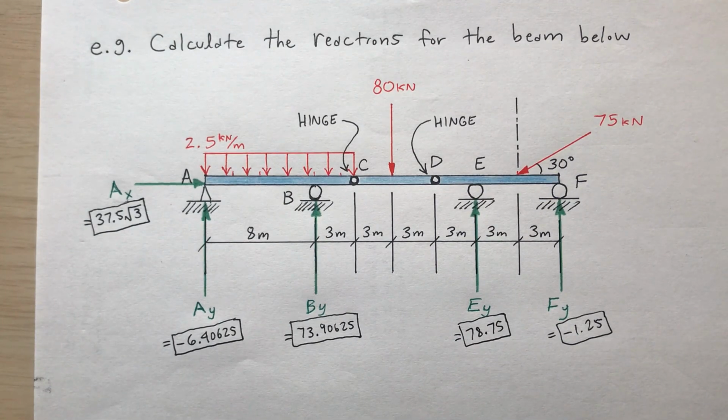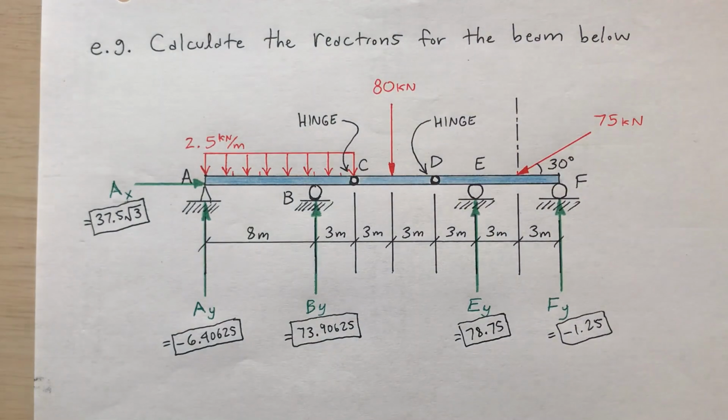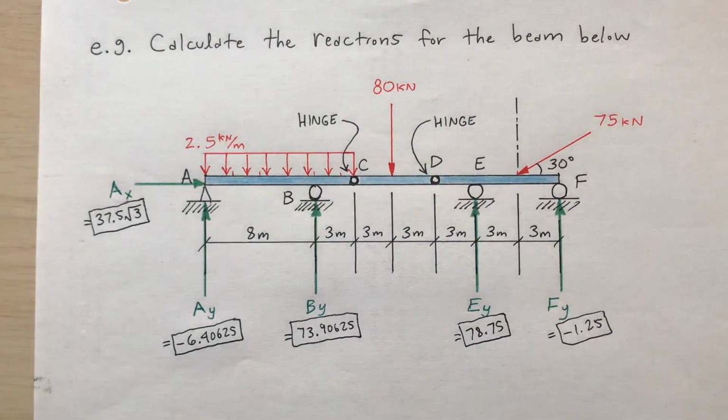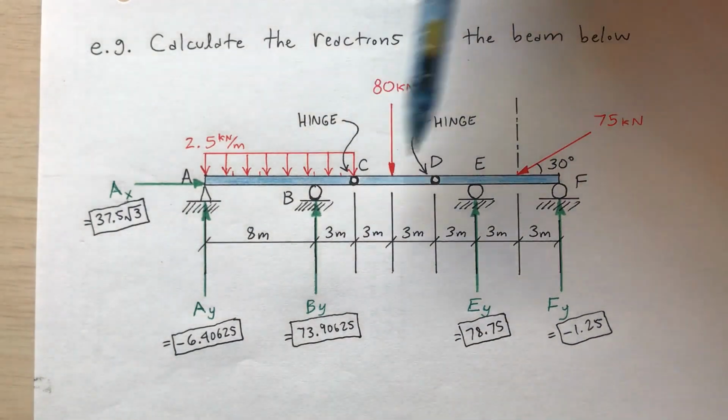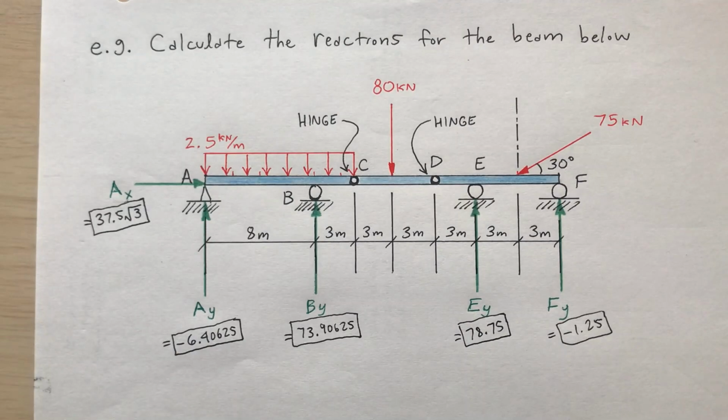If the girder had been continuous, that is, if there hadn't been hinges at C and D, then by cutting it, I would have actually created a bigger mess because I've got hinges at C and D. I've only got horizontal and vertical reactions, but if those hinges weren't there, and if I were to just have cut it at C, for example, I would not have only had the horizontal and the vertical, but I would have also had an internal moment reaction.